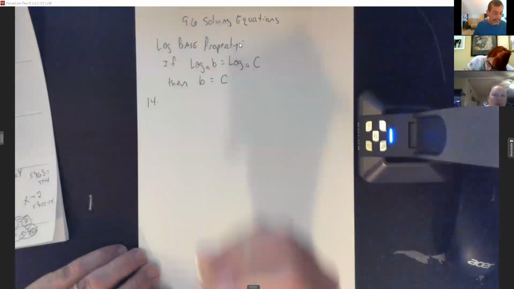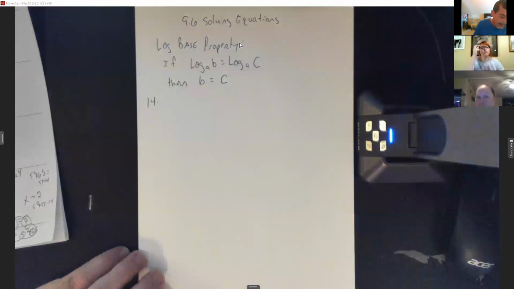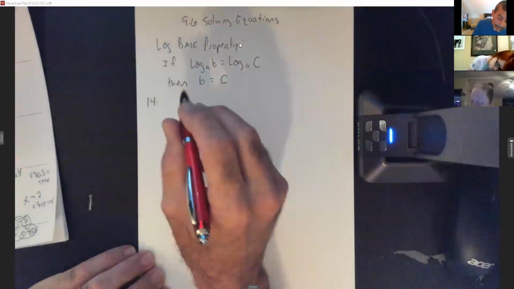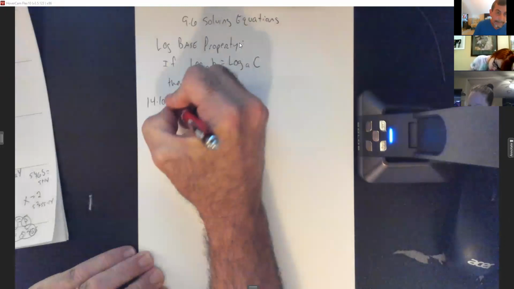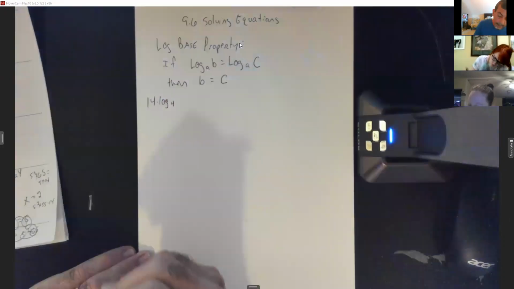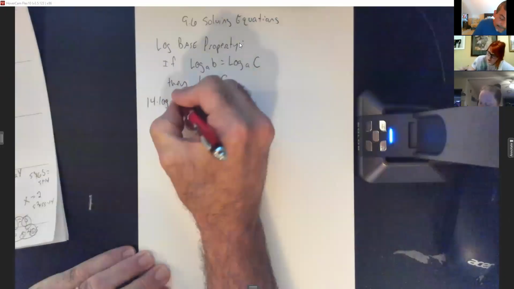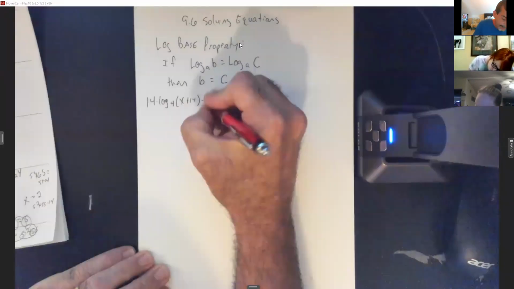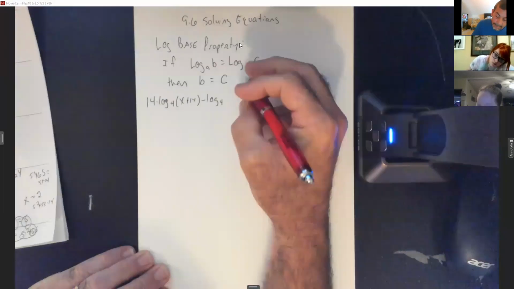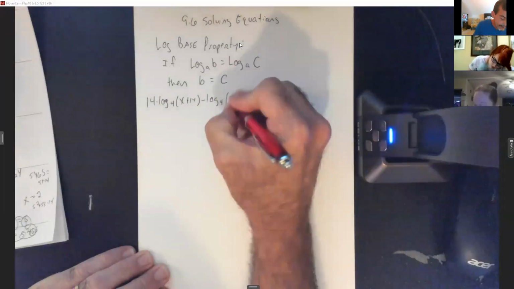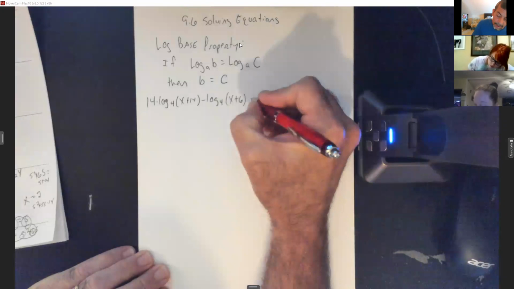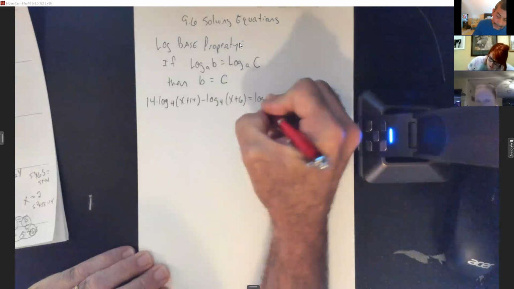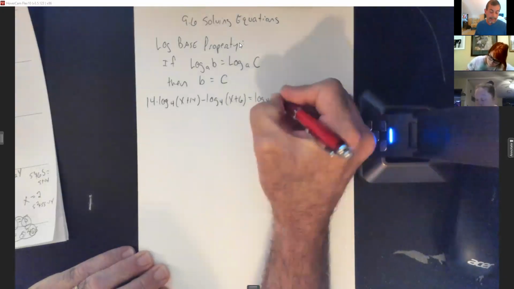So at number 14, we're going to have log base 4 of x plus 14 minus a log base 4 of x plus 6 is going to equal a log base 4 of x.